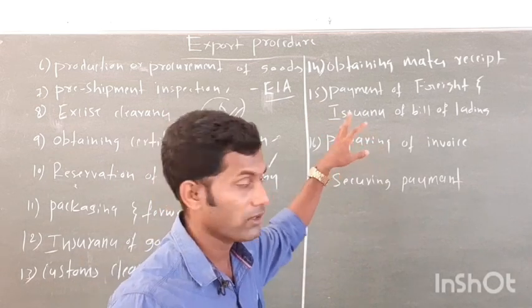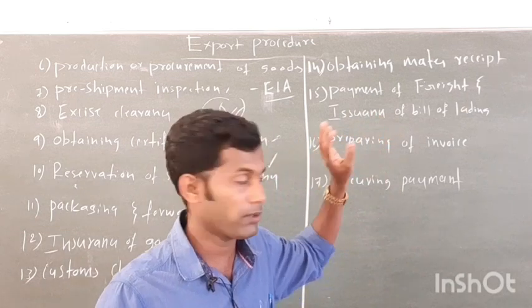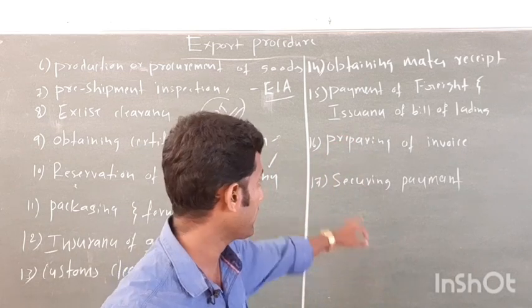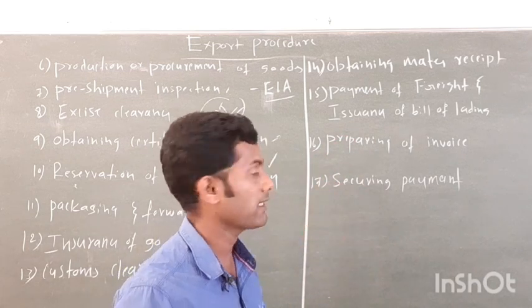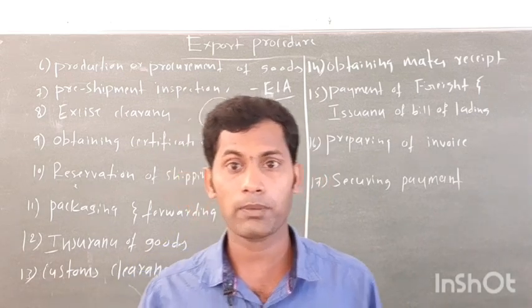Bill of lading is proof that goods have actually been loaded to the ship. Then the 16th, preparation of invoice. Then the 17th one, securing payment. These are the 17 steps under export procedure.